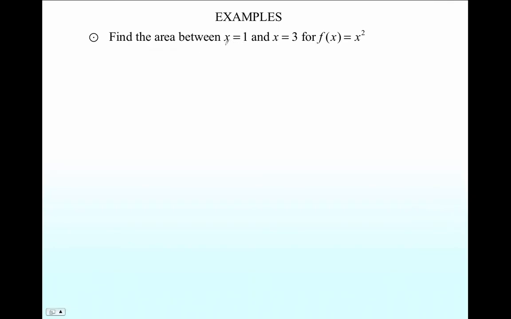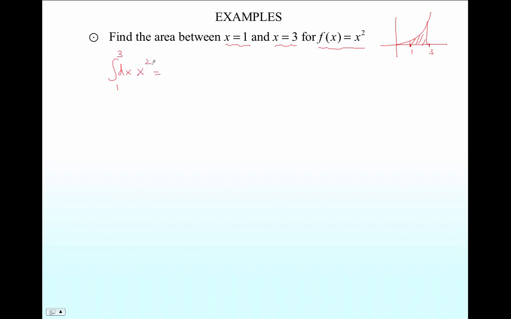We want the area between x equals 1 and x equals 3 for the function f of x equals x squared. Now, of course, if you were to plot the function f of x equals x squared, that's what it looks like. It goes up like that. So we want the area, let's say, between x equals 1 over here and x equals 3 here. So this is the area that we want. Written in terms of formulae, this is the integral from 1 to 3 of x squared dx.